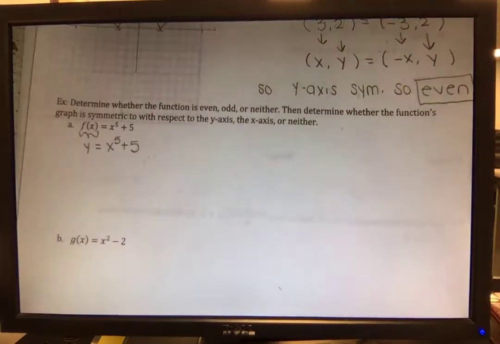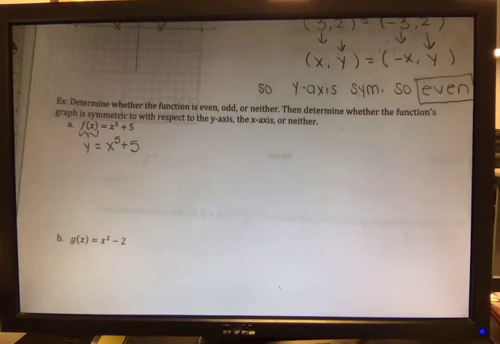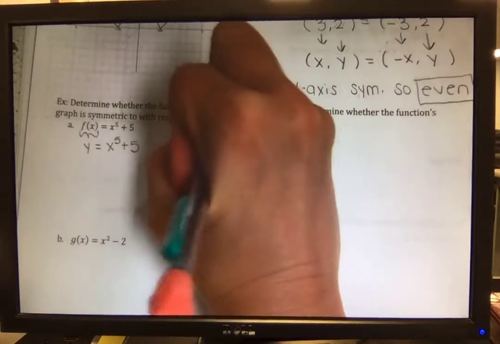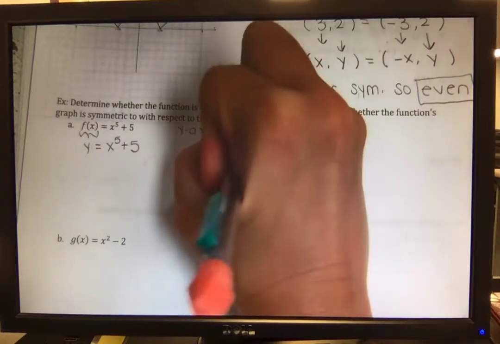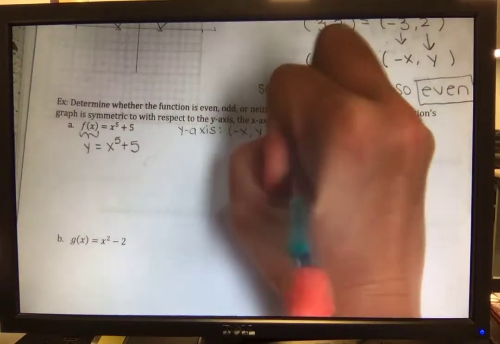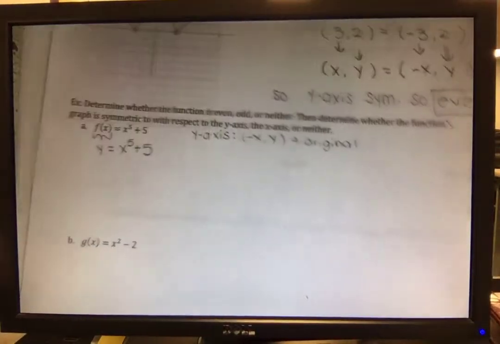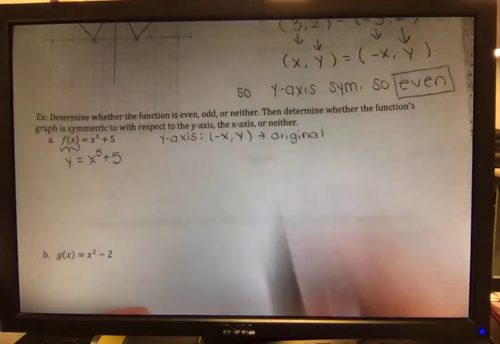To see if it's even, odd, or neither, we need to see what kind of symmetry it has. So let's first test y-axis symmetry. We're going to plug in negative x to see if we get the original equation out, just like putting the 2 previous examples together into one.